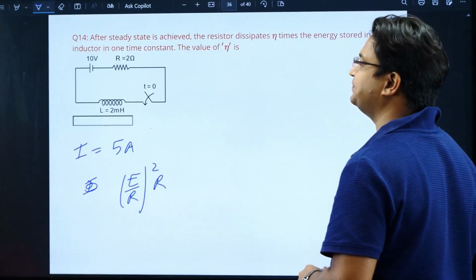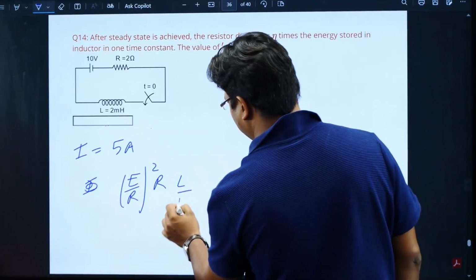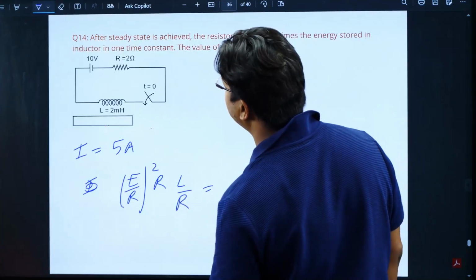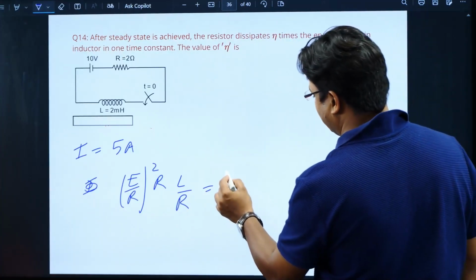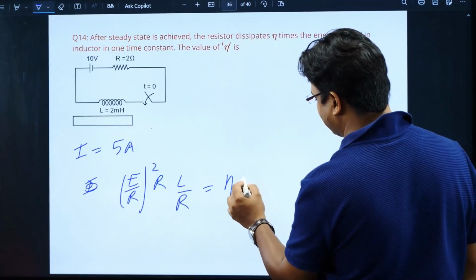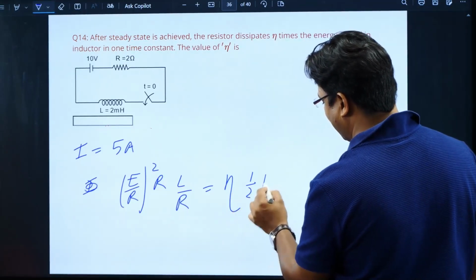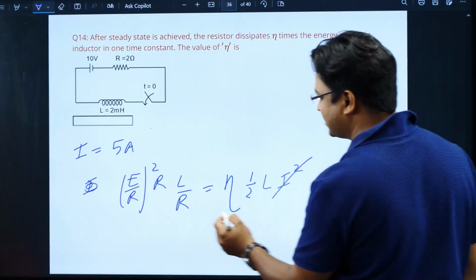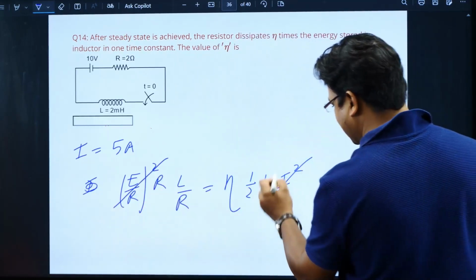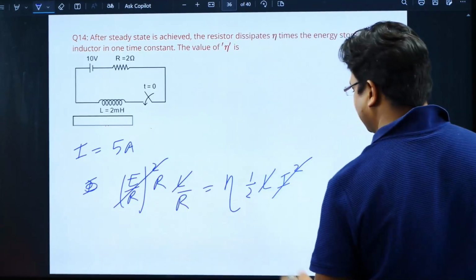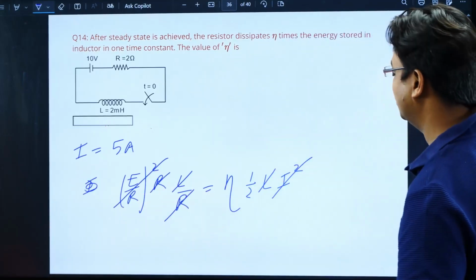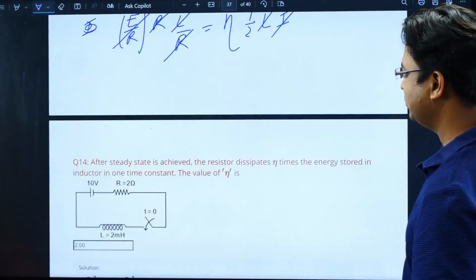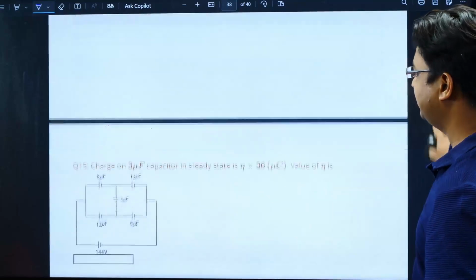Time constant is L by R. This is equal to eta times the energy stored in the inductor, which is given by half L I square. So this I square gets cancelled, this L gets cancelled, this R gets cancelled. So the value of eta is 2. Even without using any numbers, we can conclude that the value of eta will be 2.